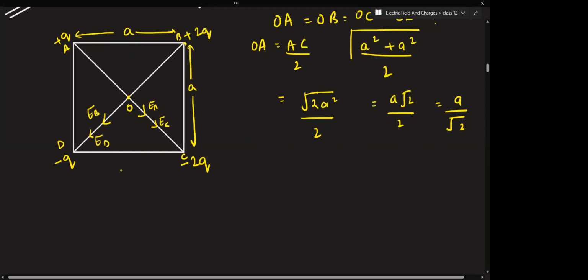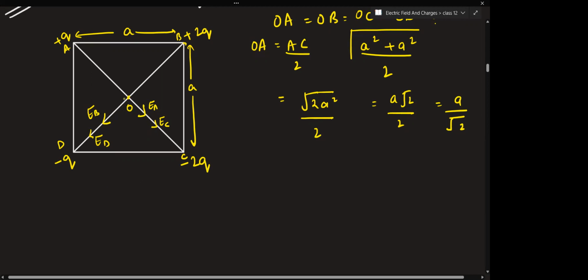All right. Now see, let us first calculate the magnitude of all the fields that we have. Let's take it for EA, EC. Now we have two directions, OD and OC. So we cannot directly calculate along OD and OC.